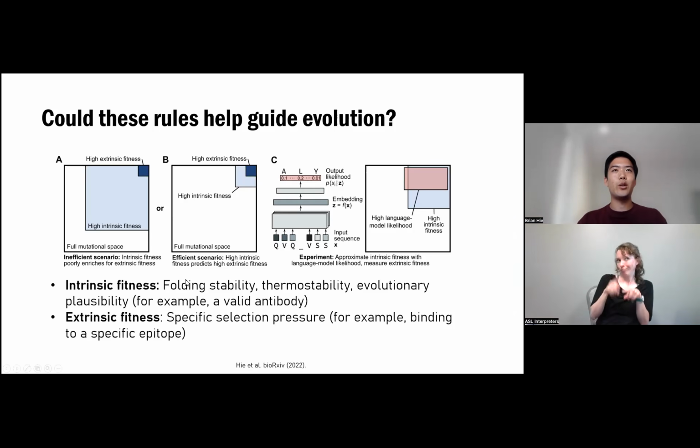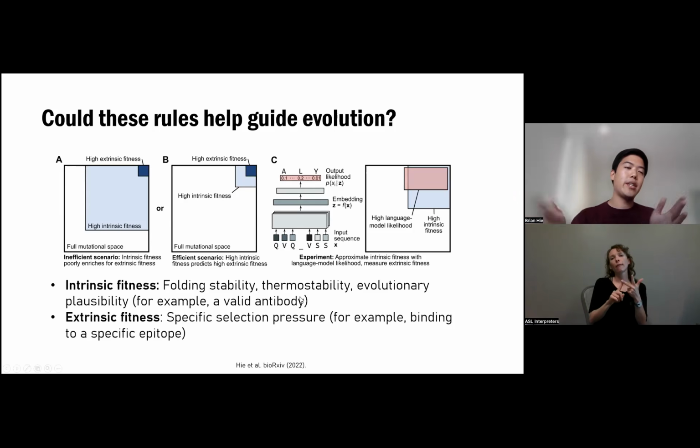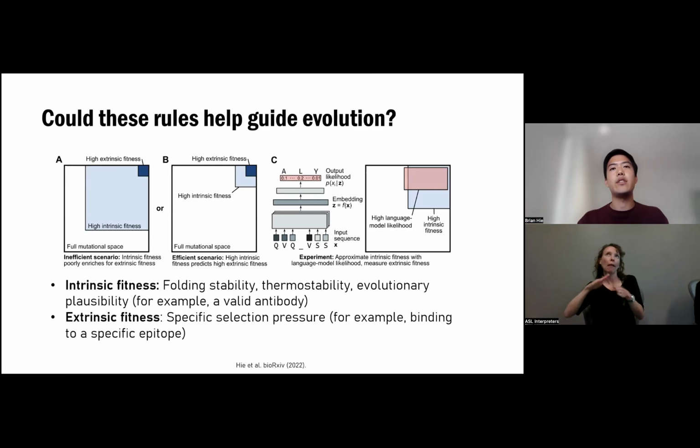So it'll need to go through what we're calling intrinsic fitness, and this is related to sequence-intrinsic properties that can be learned from sequence variation alone, and is also related to ideas like folding stability or entropic stability, and also evolutionary plausibility. There are potentially non-uniform mutational biases in the sequence data set.